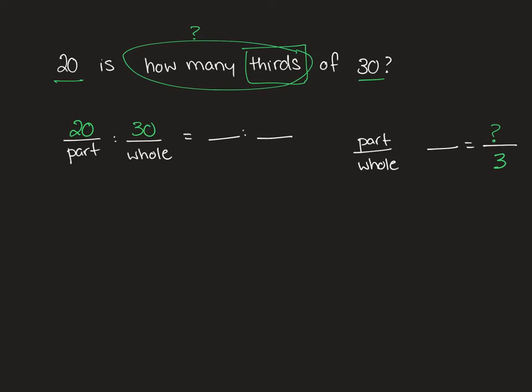So how would we turn our 20 to 30 into a fraction? It would become 20 over 30. So this might help us figure out, can we move this over here and turn it into a ratio? What would that give us? It would give us question mark to 3, right? So a 20 to 30 ratio is equal to an unknown to 3 ratio, when 20 over 30 is equal to something out of 3.